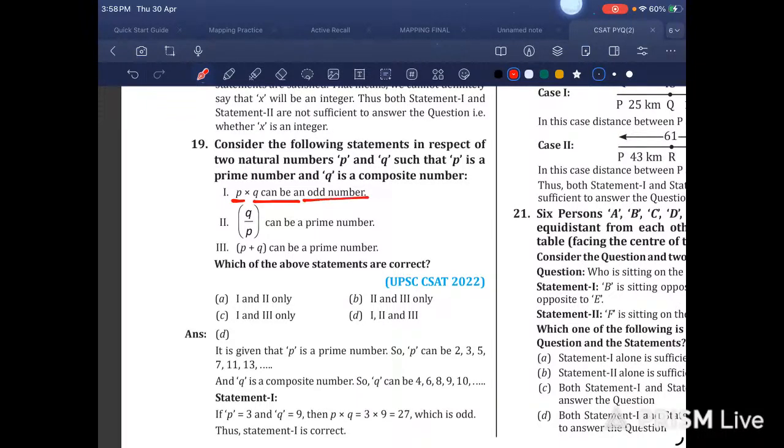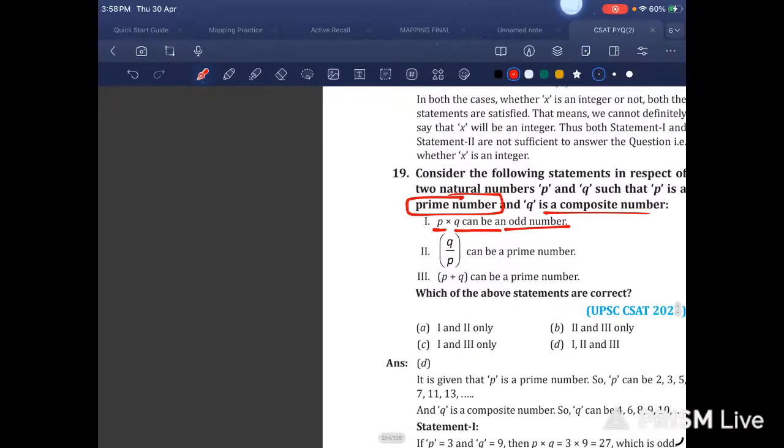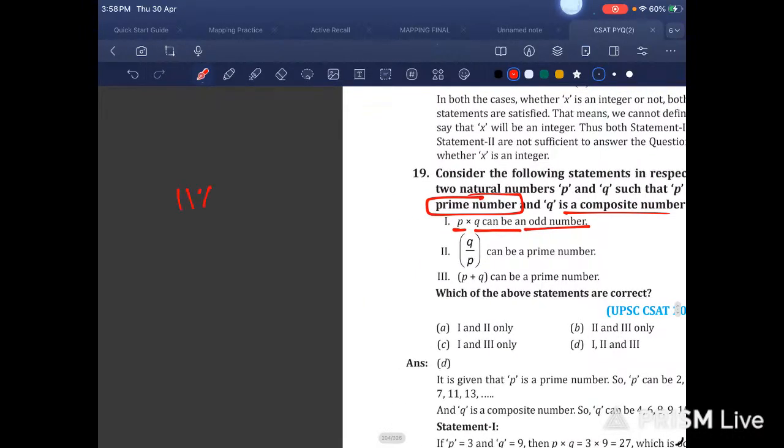We have p and q. P into q can be an odd number. Okay, p is a prime number and q is a composite number. Let us take 11 into a composite number, like 44. Now let me take it as odd. 2 is a prime number. Then we can take 13, and 26 is a composite number.